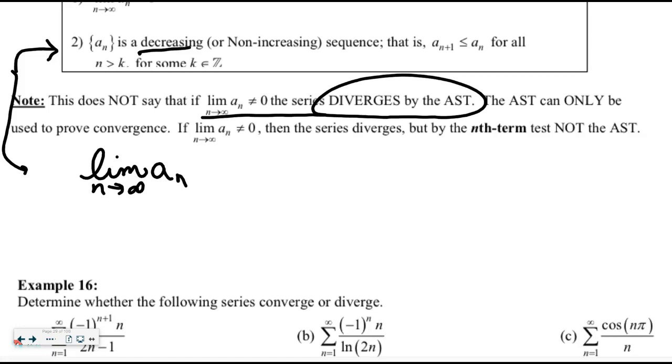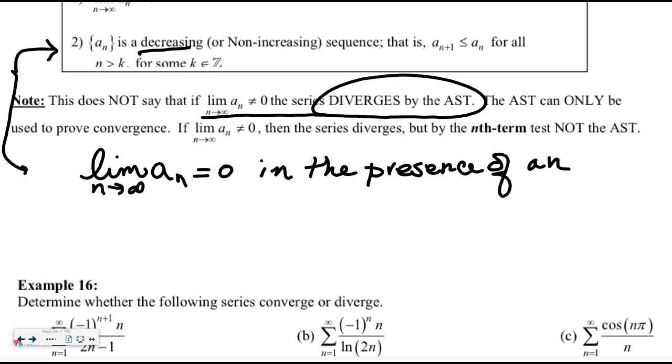But now, if you take the limit and it equals 0 in the presence of an alternator, let's put a viable alternator. Do you know what I mean by viable? It could be the sneaky one, or it could be an in-your-face (-1)^n, but it has to cause those signs to alternate from positive to negative.